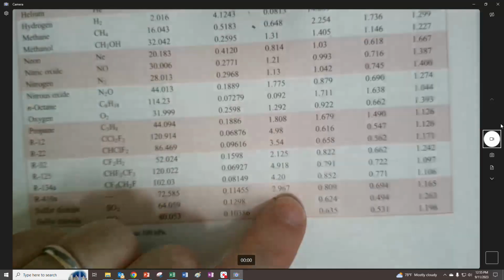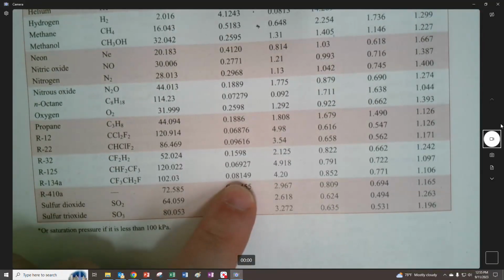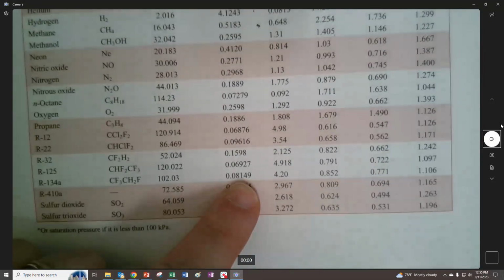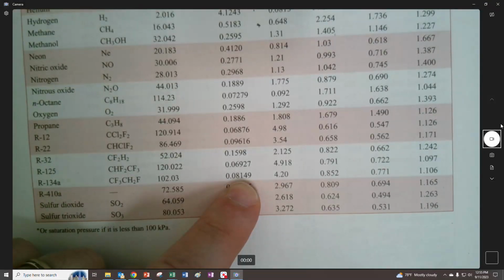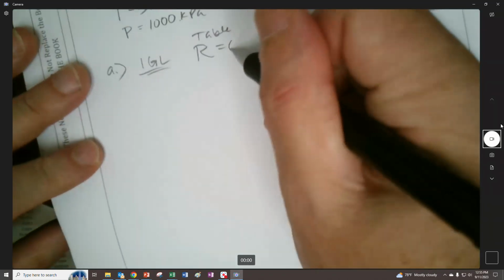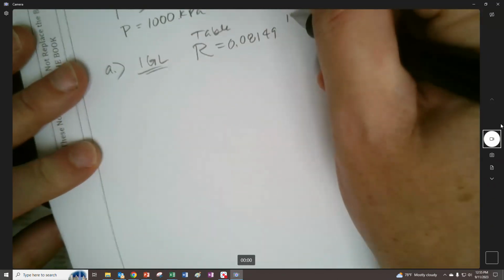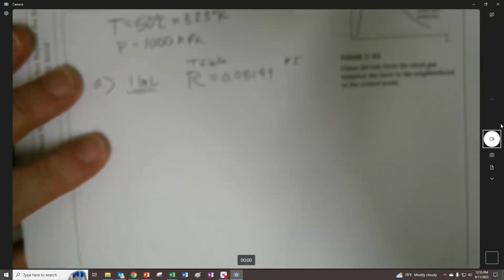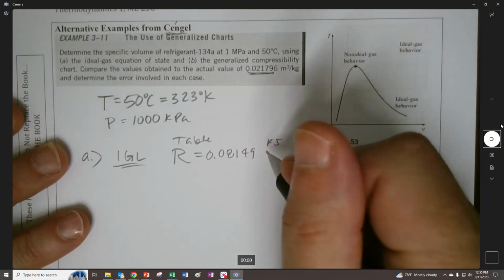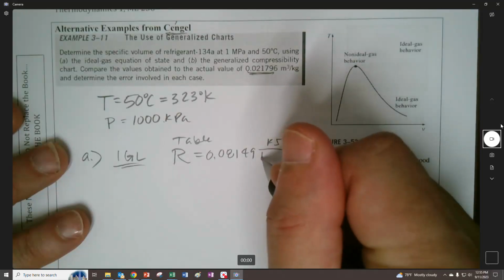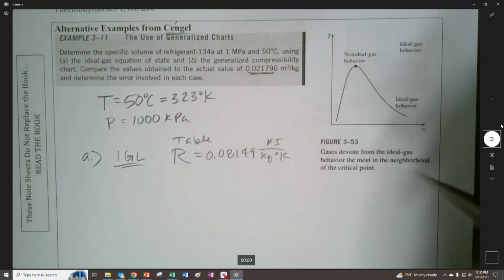Here is R. We just did this in the other problem: 0.08149 kilojoules per kilogram degree Kelvin.